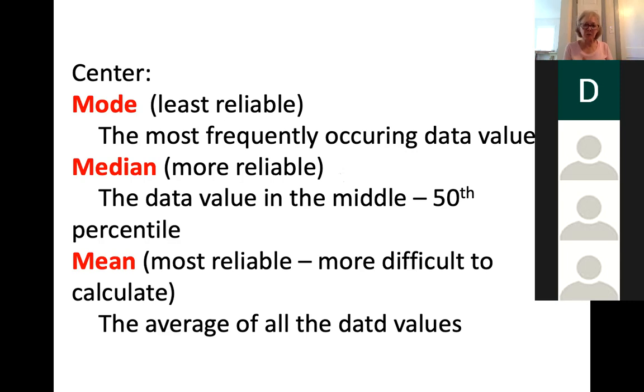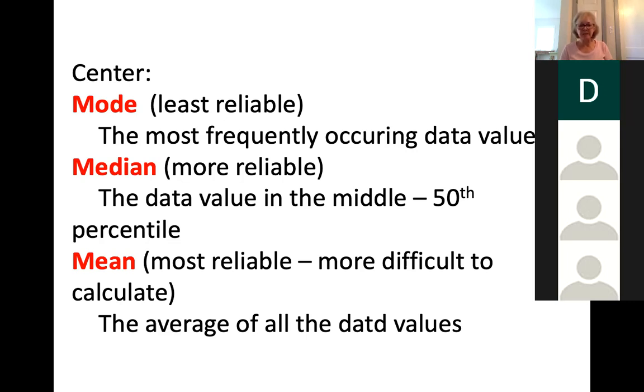Then you pick the one that's in the middle. 50% of the students got less than this grade, 50% got more than this grade. So if I tell you the median is 85, you know that 50% of the students got more than 85 on the exam and 50% got less. It's the middle value. It's definitely more reliable than the mode.